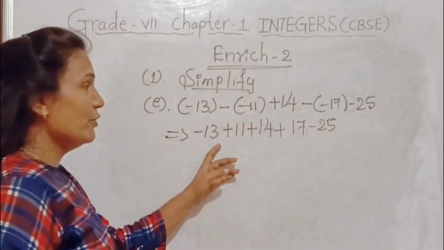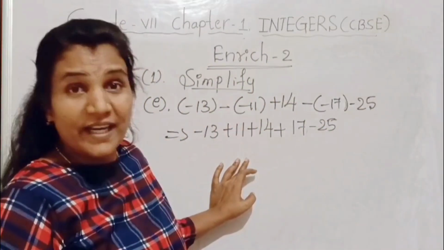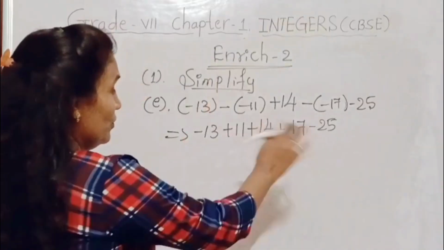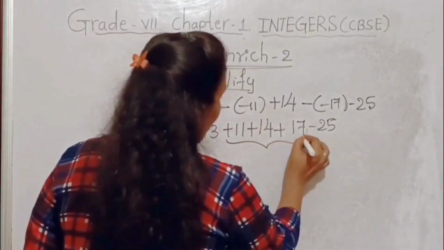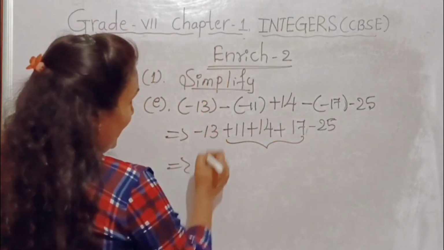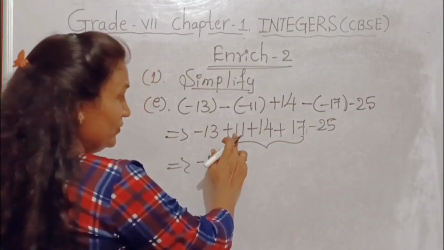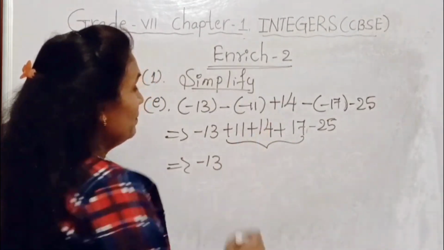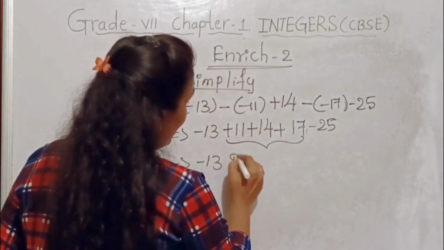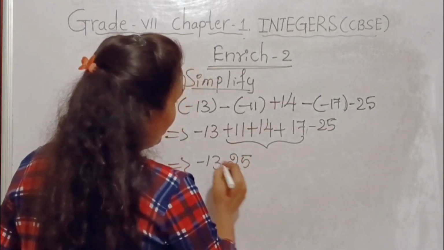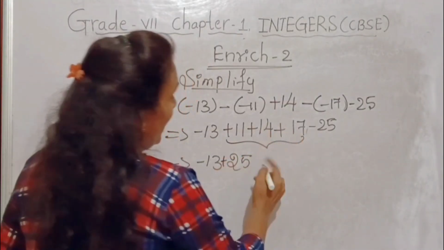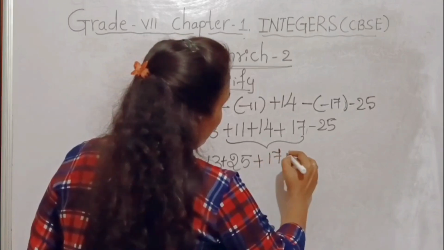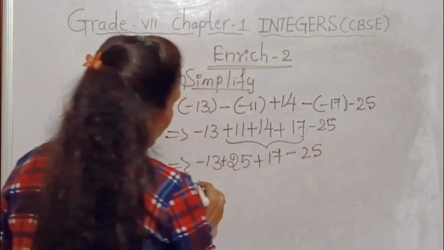Here what do we need to do? First we need to go through addition. Add all the positive integers. Here these three are positive integers. Write down minus 13. Here 11 plus 14, that is 25, with a plus sign actually, and plus 17 minus 25.